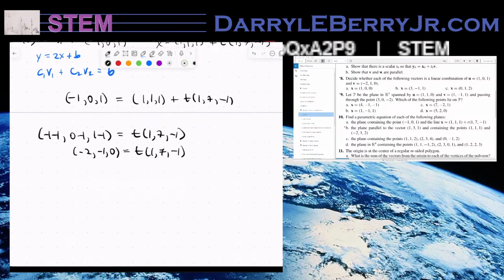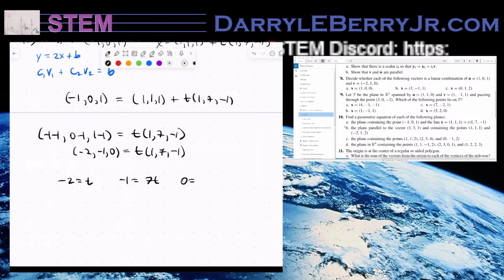So if I make this into three equations, we have negative 2 equals t. We have negative 1 equals 7t. And we have 0 equals t times negative 1.